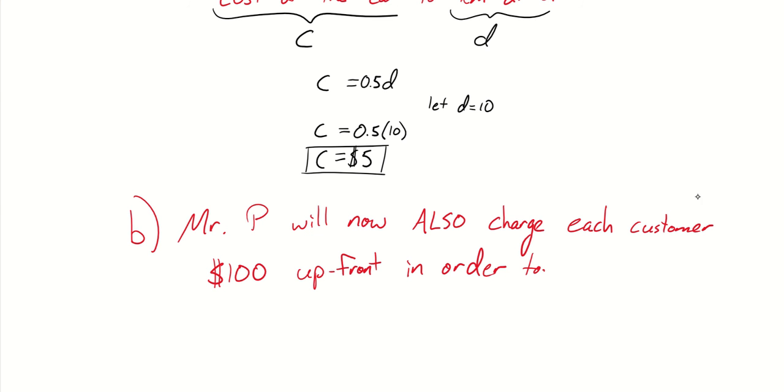So the key word here is also, right? Not only am I charging you per kilometer driven, but I'm also charging you a $100 fee up front in order to rent the car.